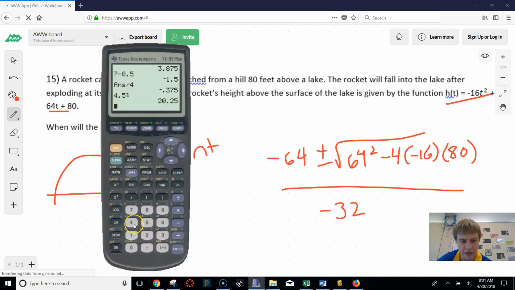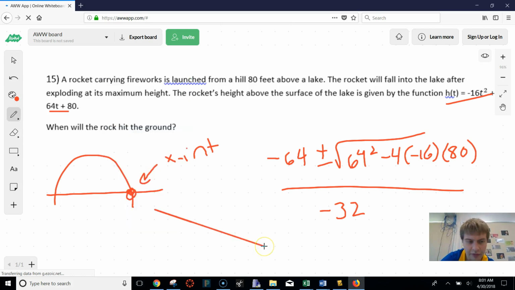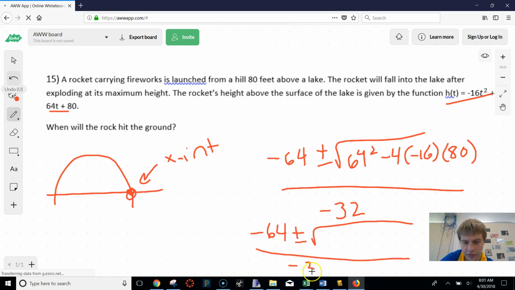We're then going to plug that in our calculator. So 64 squared minus 4 times negative 16 times 80. That's a big number underneath our square root, but that's okay. So we'll have negative 64 plus or minus the square root over negative 32.